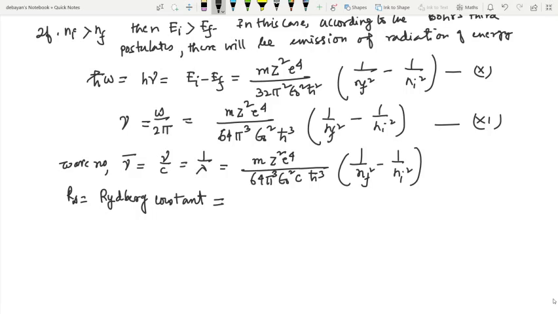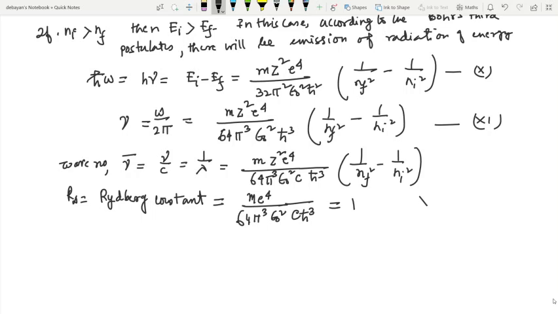So the Rydberg constant we can write as m e to the power 4 by 64 pi cube epsilon naught square c h bar cube. If you put in the values, we will get 1.0937 into 10 to the power 7 meter inverse.